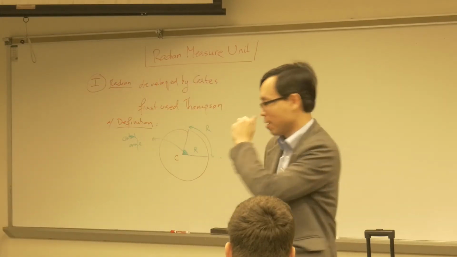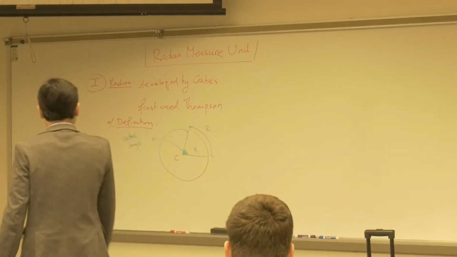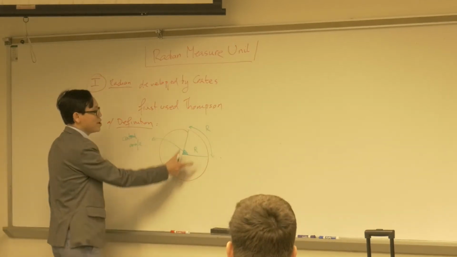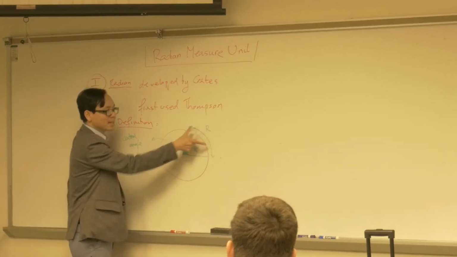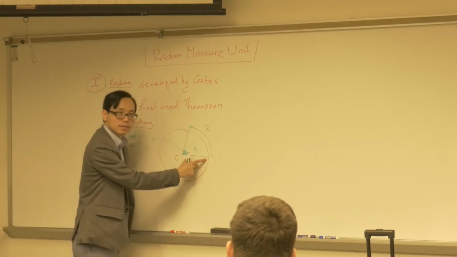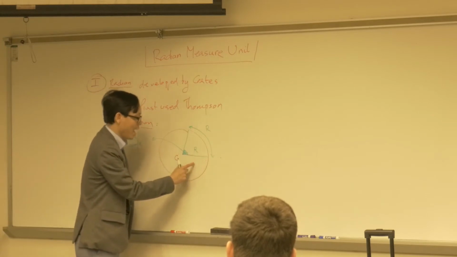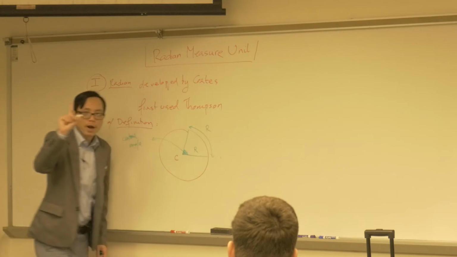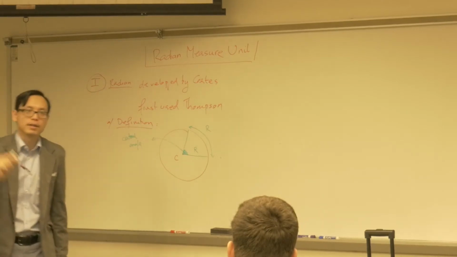Okay, let me repeat one more time. If the central angle subtends an arc whose length equals the radius, it has a measure of 1 radian.